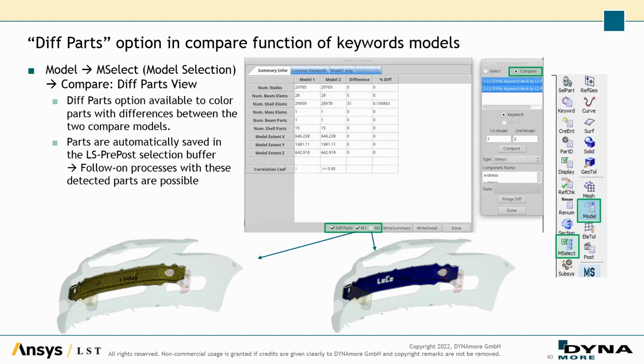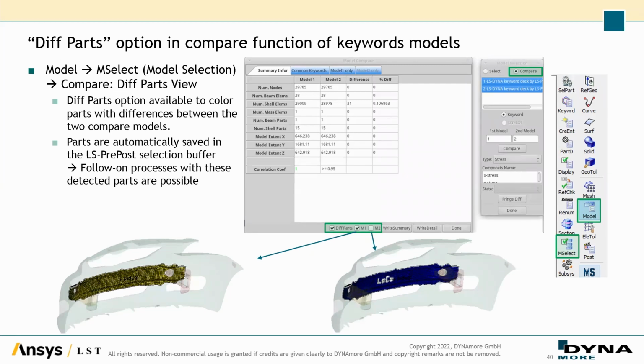Loading multiple models or keywords is also a topic for the model and select interface. With the select option, you can activate which loaded models or D3plot data should be shown directly in the main window at the same time, or you have the option compare. You can compare keywords or D3plot data.